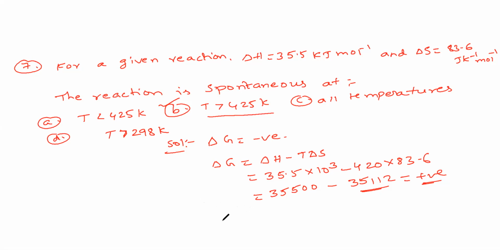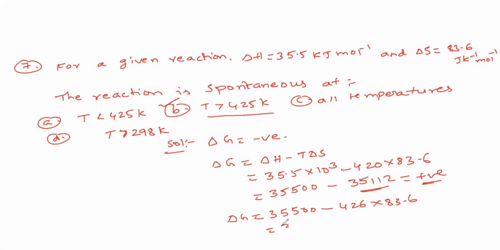If you substitute T greater than 425, say 426, delta G is equal to 35.5 into 10 to the power of 3, that is 35,500, minus 426 into 83.6. Let us see the multiplication: 426 into 83.6 gives 35,613.